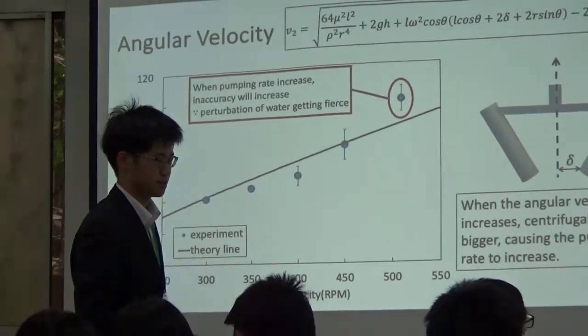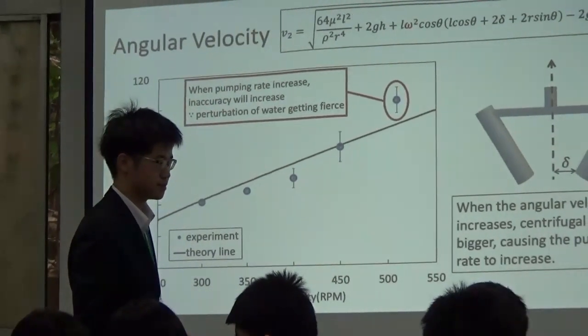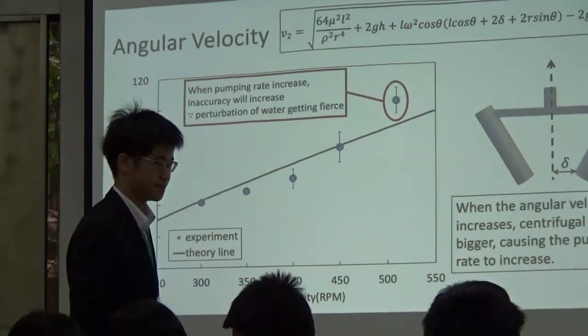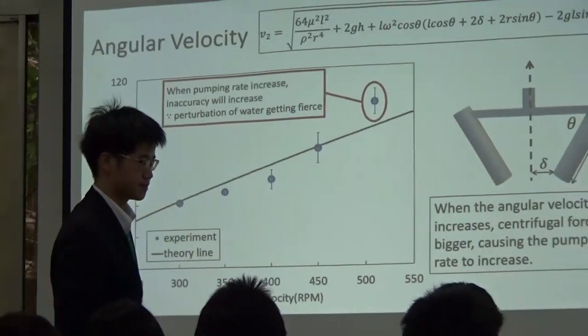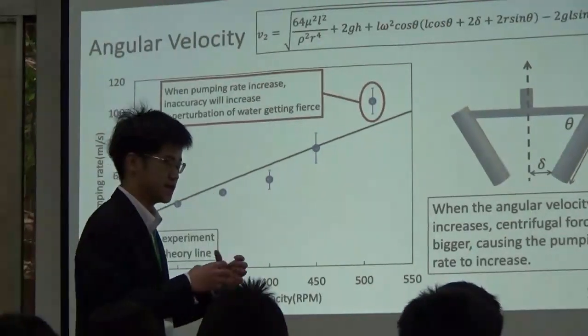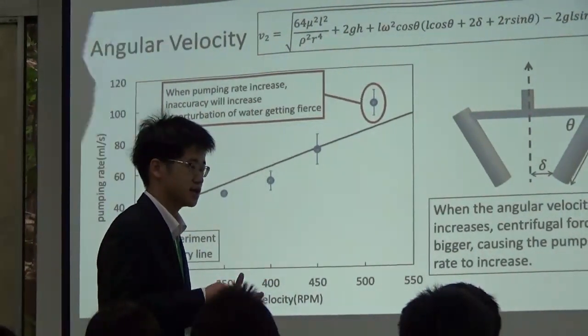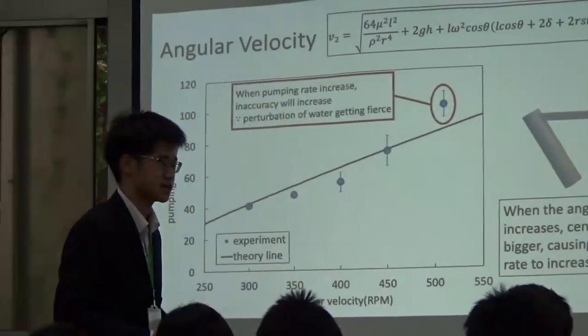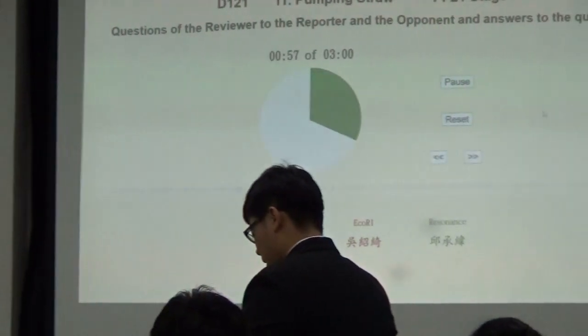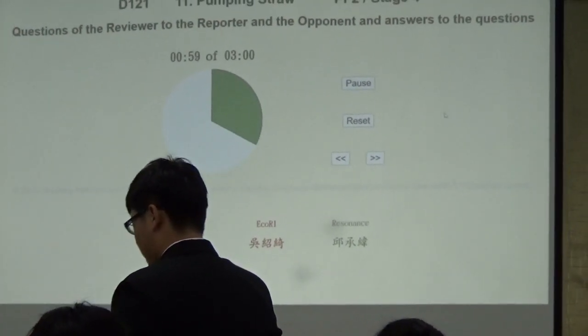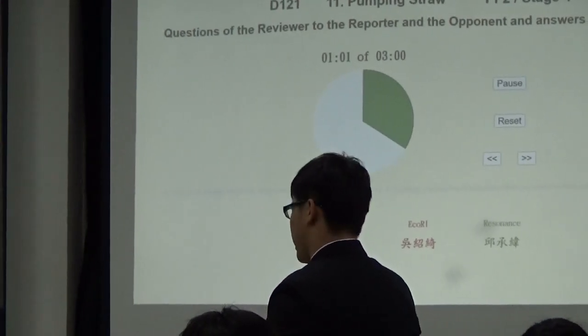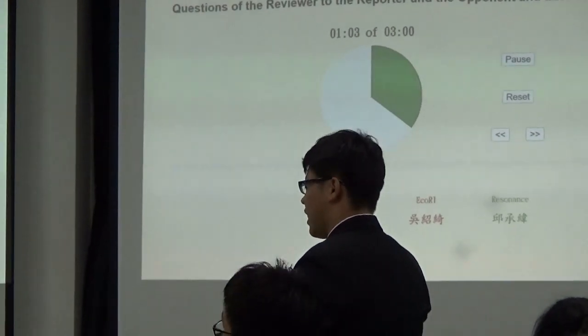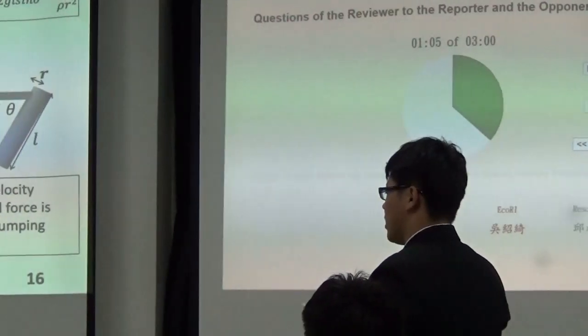And the rotation distance will be bigger. So you mean that when the radius of rotation is bigger, the centrifugal force will be bigger? Okay. And do you think that other geometric shapes like square or other shapes will give the same result?